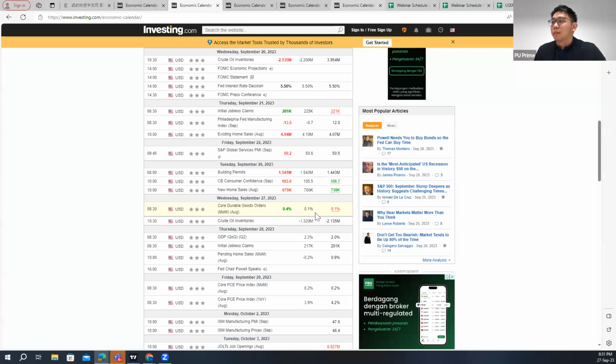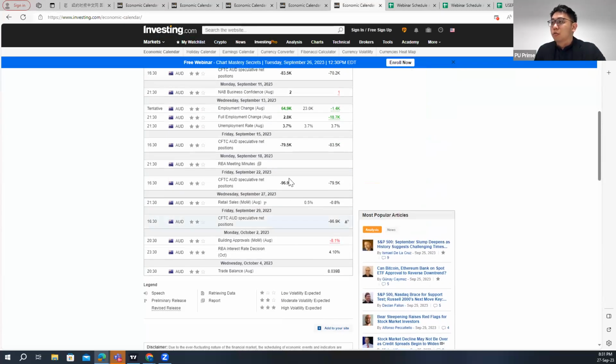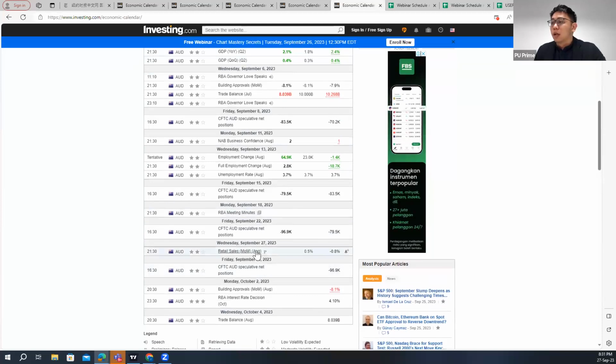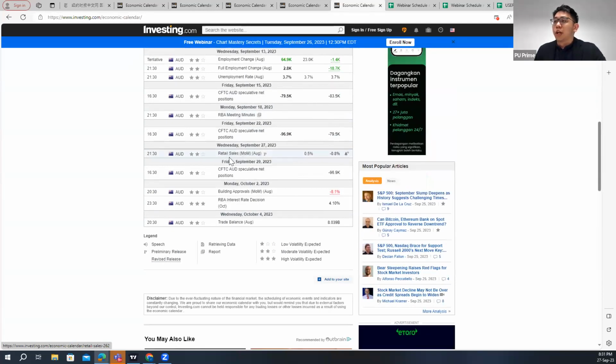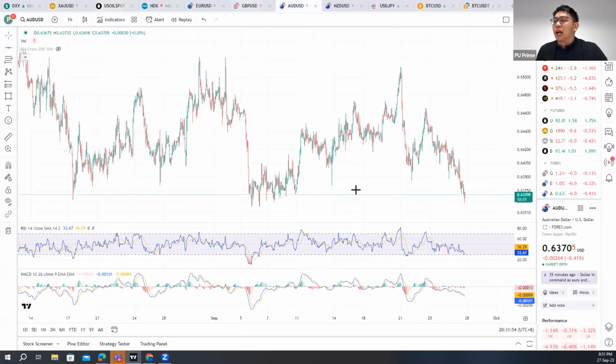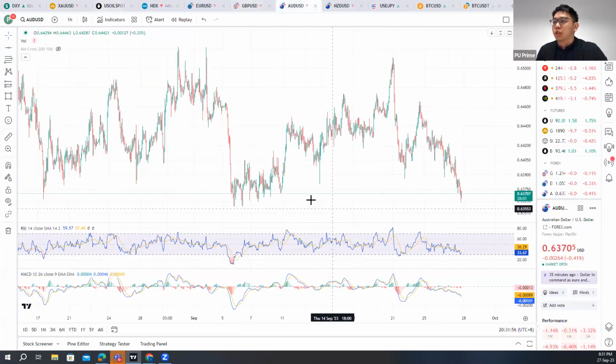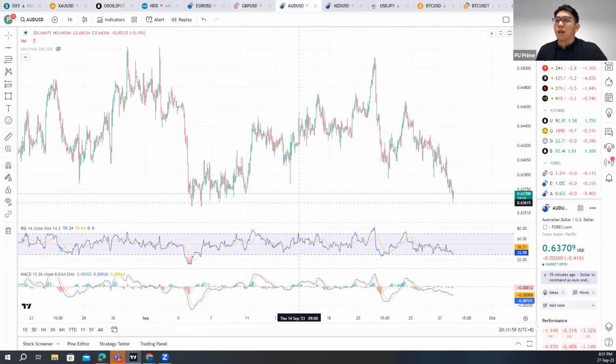Tomorrow Australia will also release their retail sales. This is also a very crucial economic data point for the RBA to decide whether or not they will increase the interest rate. If the number comes out better than 0.5 or so, you can expect the Aussie dollar to rebound, because it has now come to a very crucial and strong support level.